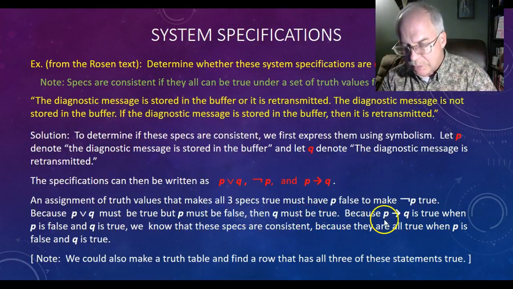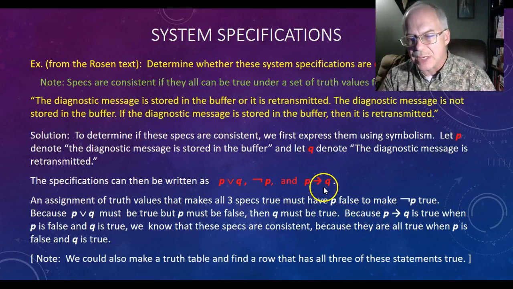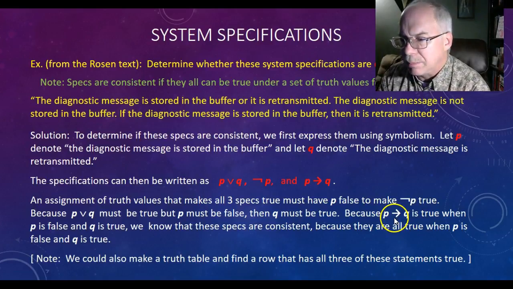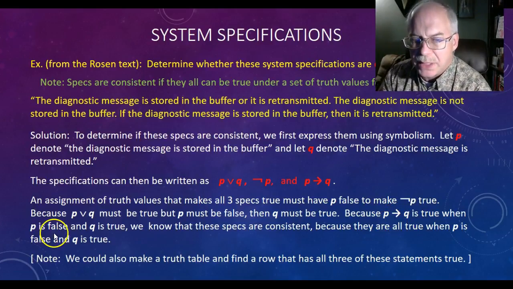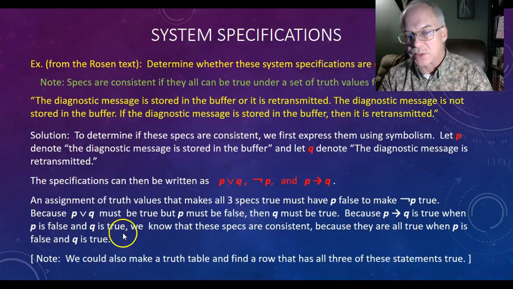So what happens to the third statement, the implication, if P then Q? Well, because P implies Q is true when P is false and Q is true, we know that these specs are going to be consistent.